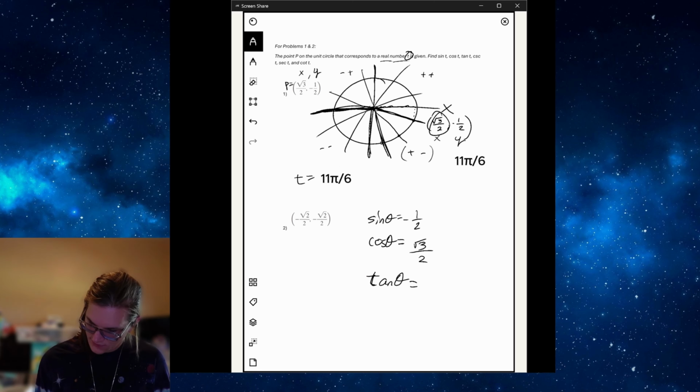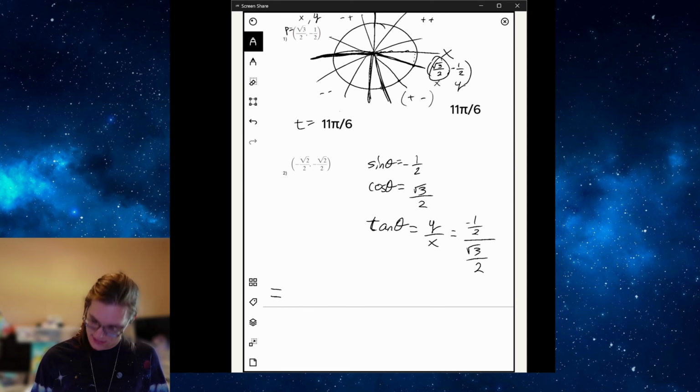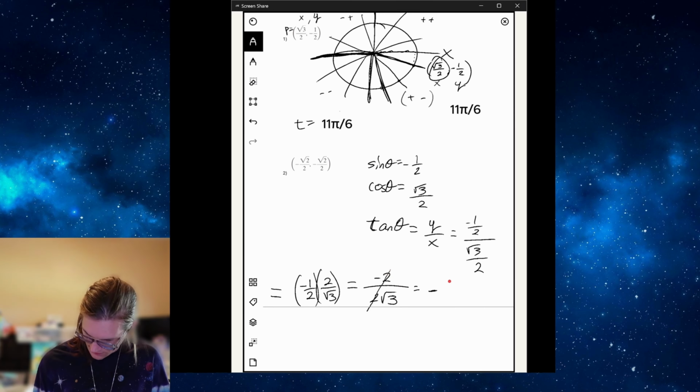Tangent is the y over the x, which is negative 1/2 over root 3 over 2, which is, use this space and then I'll erase it, is the same as this, which is multiplying across negative 2 over 2 root 3, which is a negative value where the 2's have canceled, and that leaves a 1 on the top and a root 3 on the bottom.